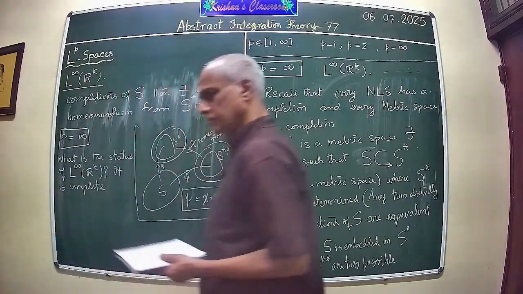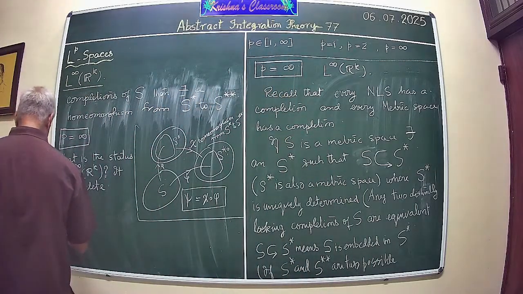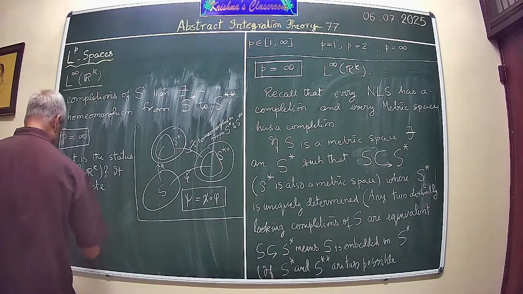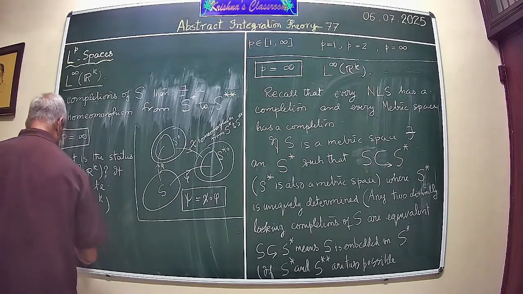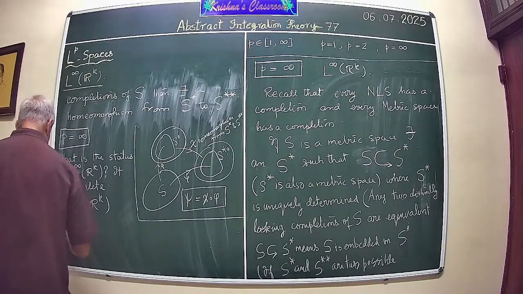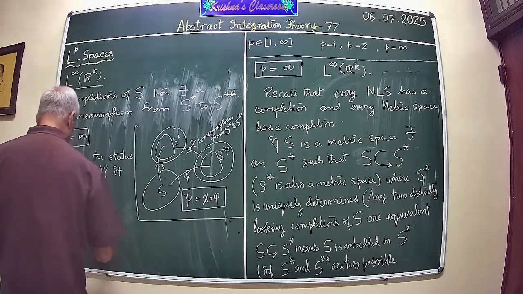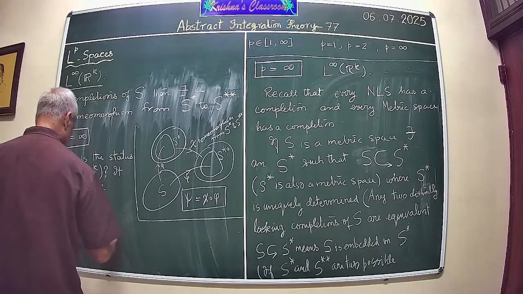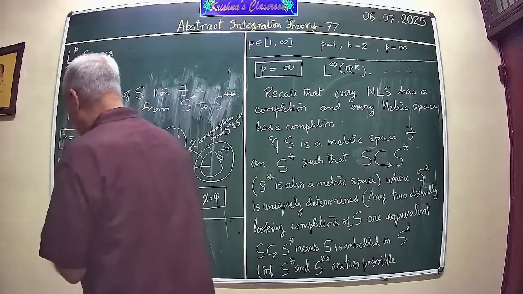It is complete. But is CCR dense? What is the norm on this?